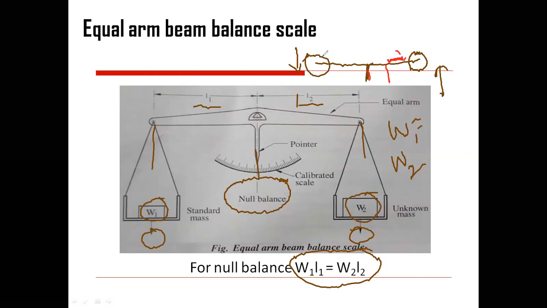As the length has been reduced, the minimum force is required on this side, and the maximum force will be required on this side, because the length of the device has been changed.